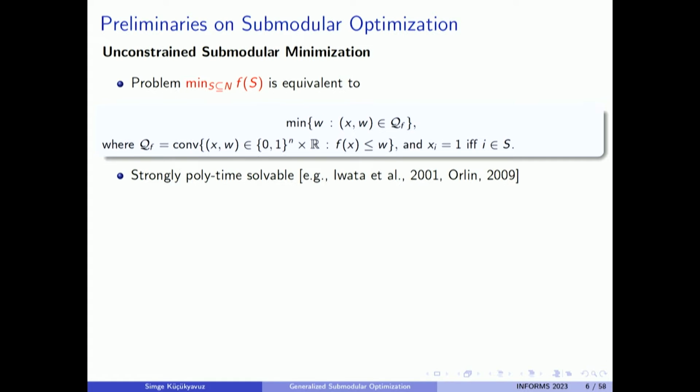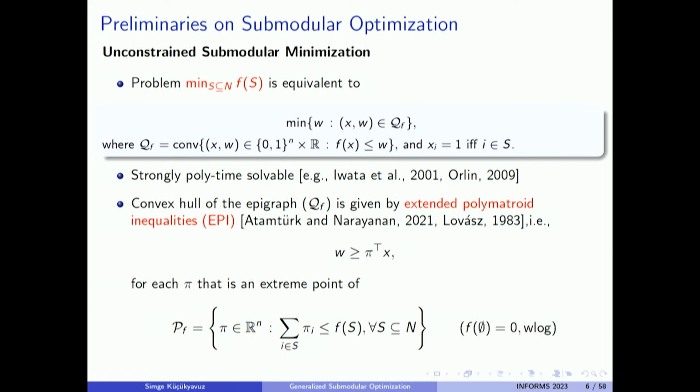As a class of problems, unconstrained submodular minimization is polytime solvable, and actually strongly polynomial time solvable. The convex hull of the epigraph, that Qf, is actually defined by linear inequalities. These are known as extended polymatroid inequalities. The linear inequalities take this form: w greater than or equal to pi transpose x. Pi's are our constraint coefficients, and this is linear, as you can see. What should pi be?